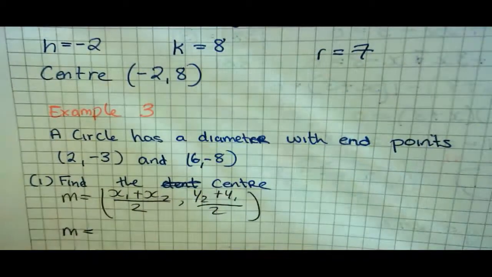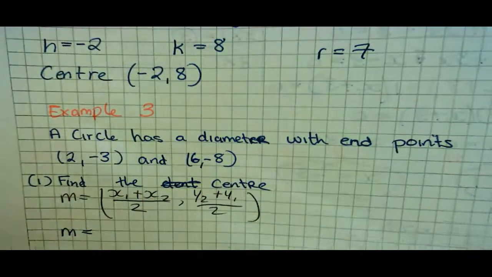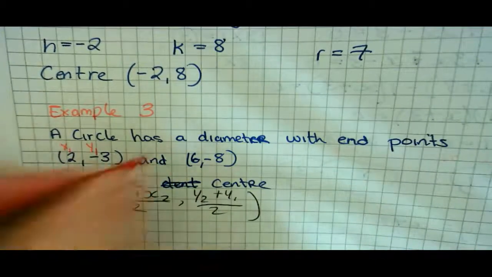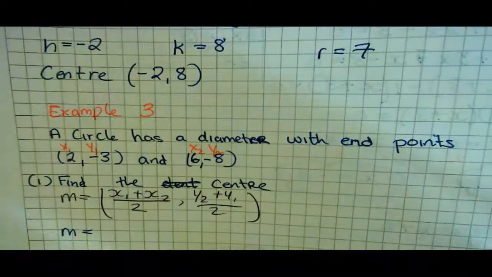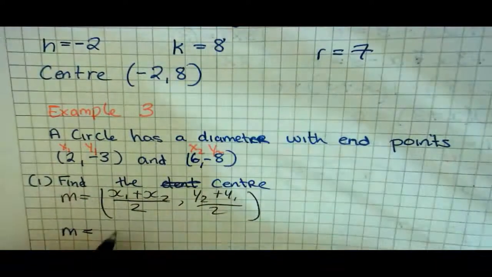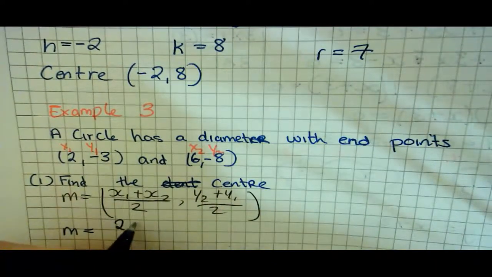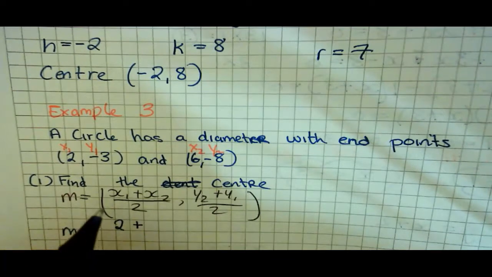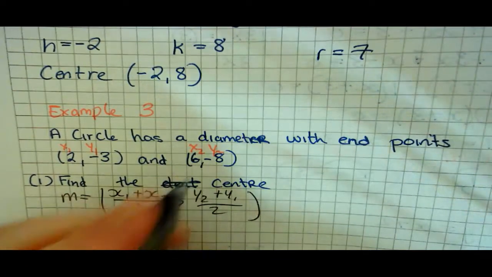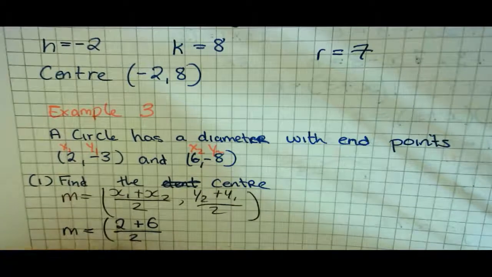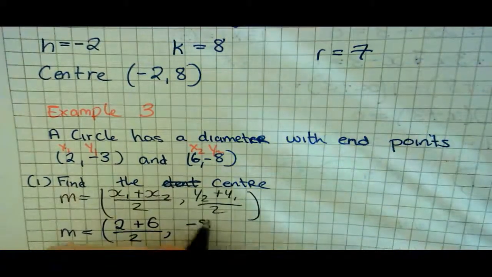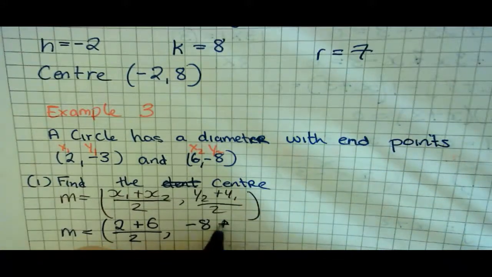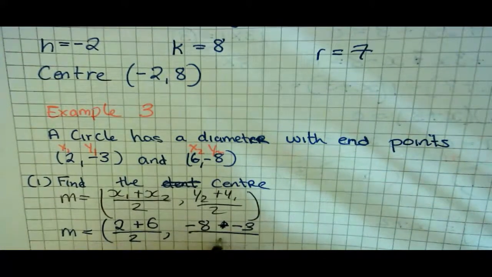So m is equal, and I'll label my points x1, y1, x2, y2. So my x1 then, what did I label x1? It's 2 plus x2, what did I label x2? It's 6, all over 2, comma, y2, what did I label y2? It's minus 8, plus y1, what did I label y1? It's minus 3, all over 2.